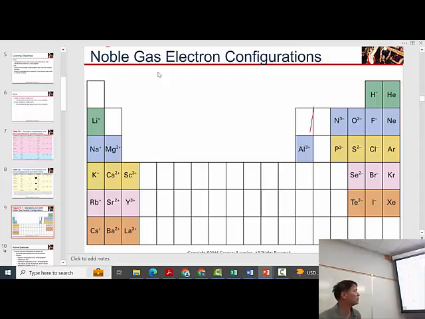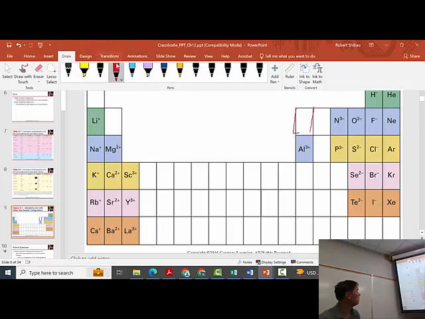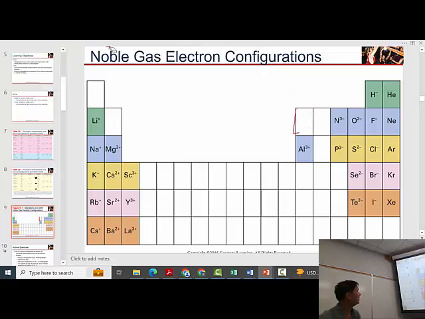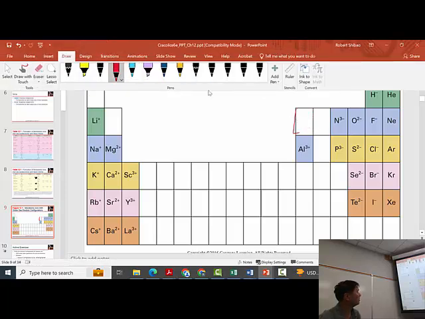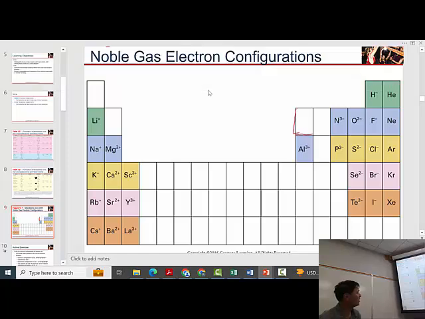Oops, I guess it encapsulates boron here. So boron falls into not the metal camp, but the non-metal camp. And so it doesn't form an ion like aluminum does. It typically forms molecular compounds.